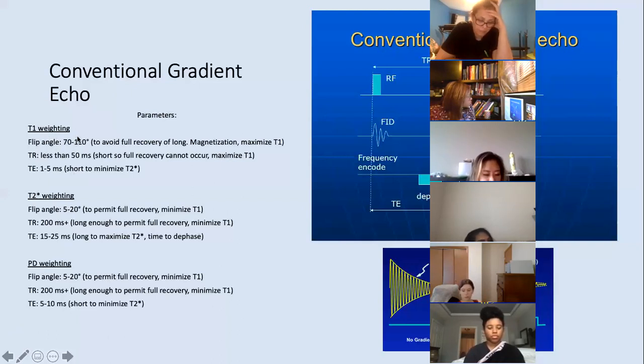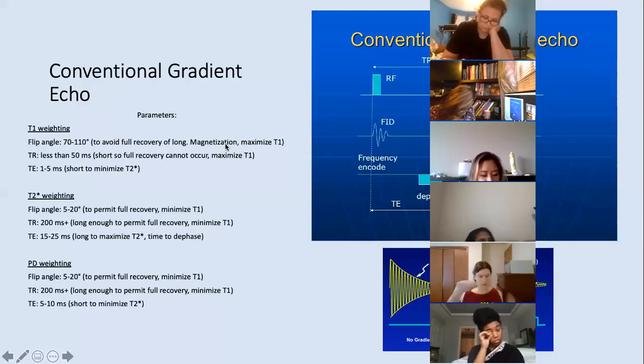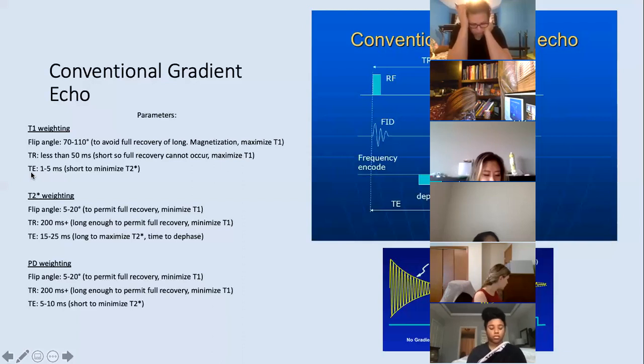And remember I said less than 90, so try not to think of 110, but around 70. Larger flip angle, and that's to avoid full recovery of our longitudinal magnetization, and that will maximize our T1 weighting. You also want to select a very short TR so that these tissues can't fully recover. And then you want to select a very short TE so that we don't see any decay of those tissues, and that will minimize T2 star.